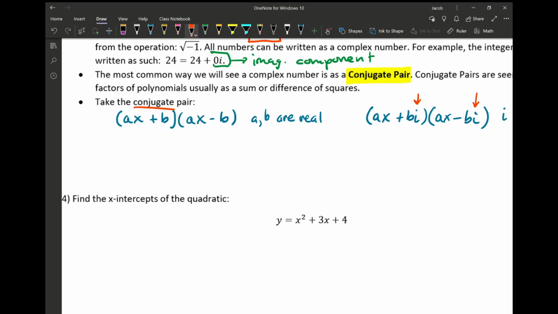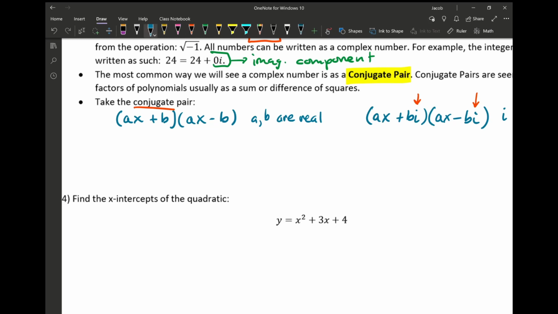So with this first example, I've got two factors. They are conjugates because we have addition between the two terms and then subtraction between the same two terms. And conjugates are great because they force a difference of squares if a and b are real. I'll show you what I mean.